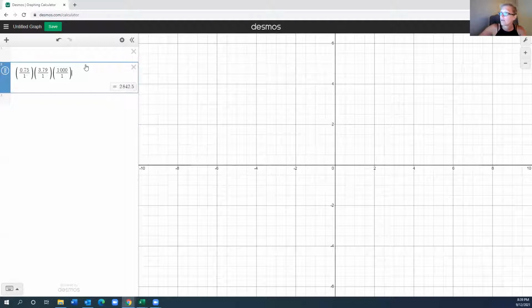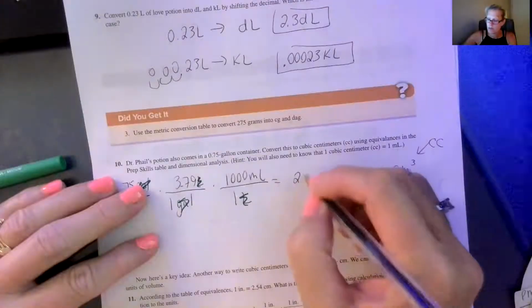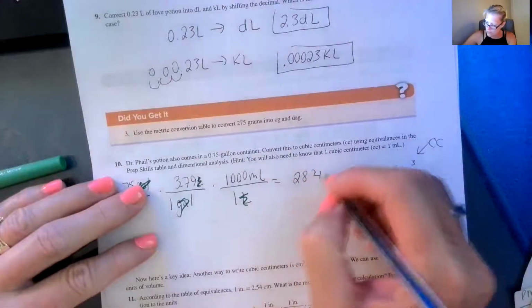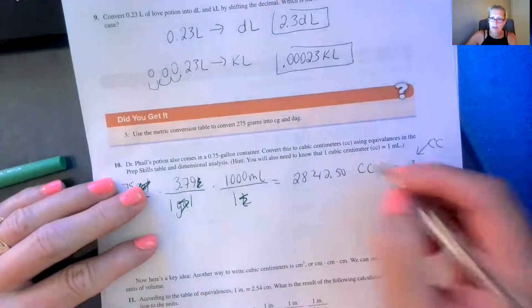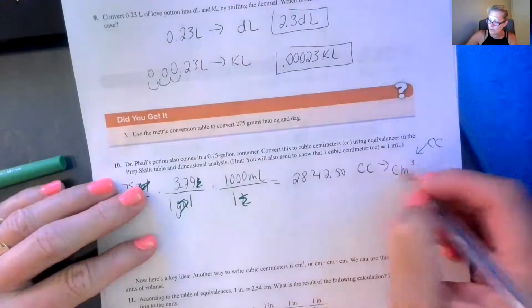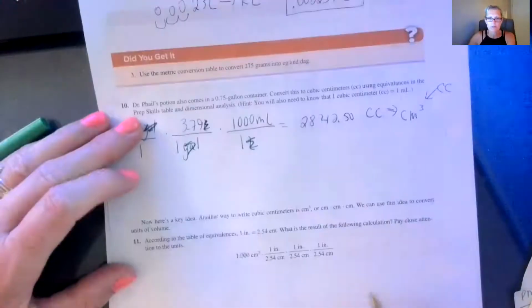And so we get 2,842.5 cc's, which is the same as cubic centimeters.